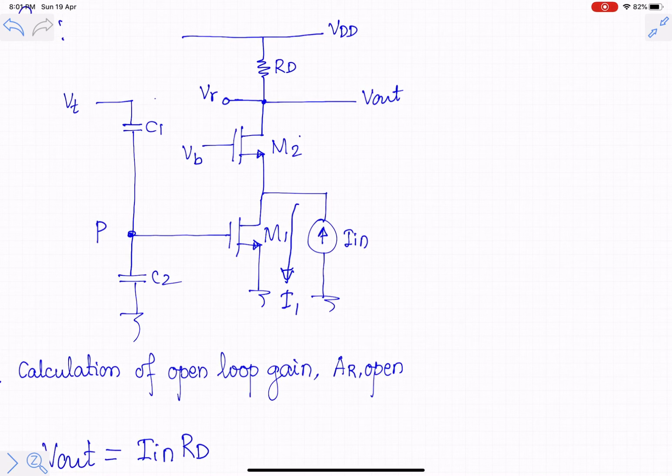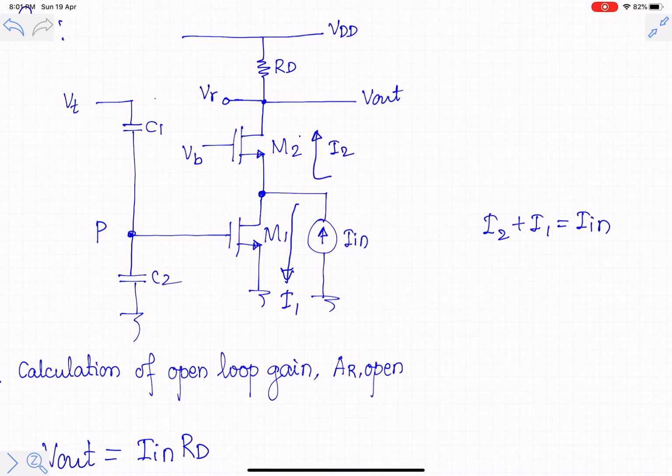Now if we apply Kirchhoff's current law at this node, with this current called I2, I2 plus I1 should be equal to I in.